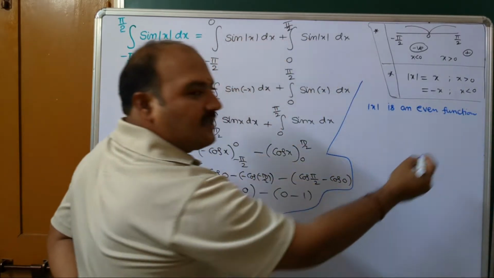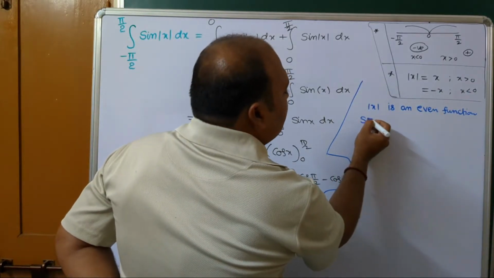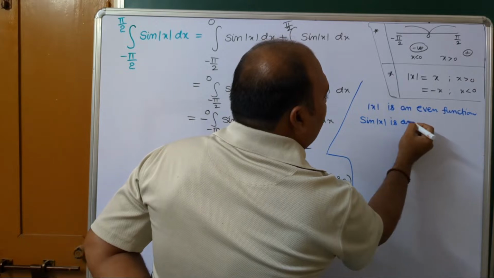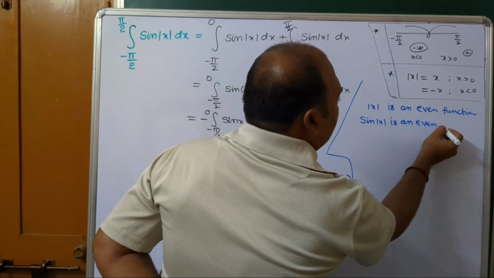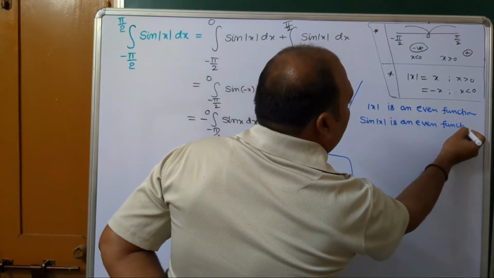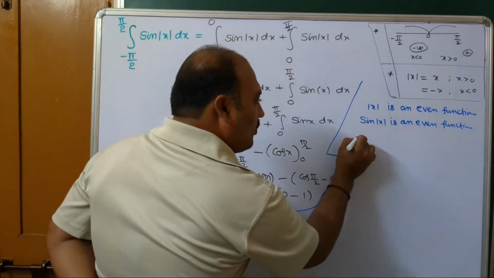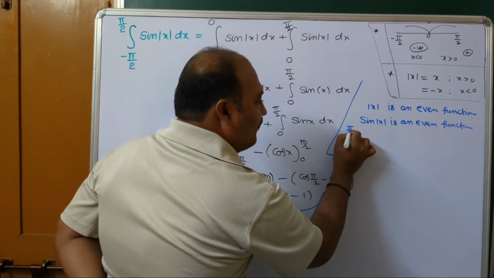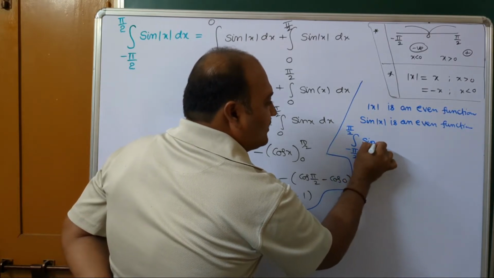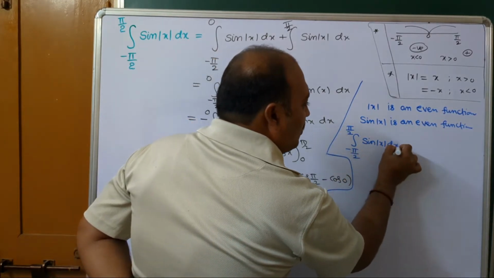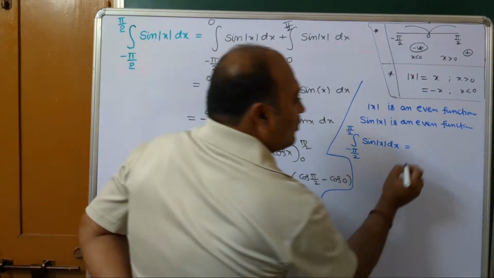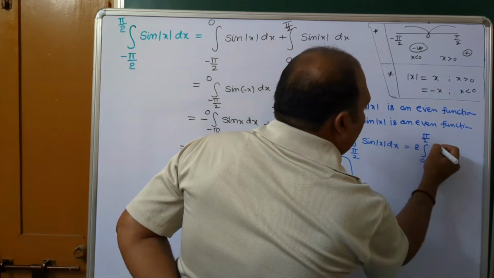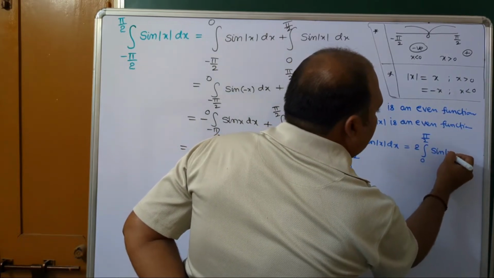Whenever mod x is an even function, sin of mod x is also an even function. So therefore, given integral minus pi by 2 to plus pi by 2 of sin mod x dx is equal to 2 times integral 0 to pi by 2 of sin mod x dx.